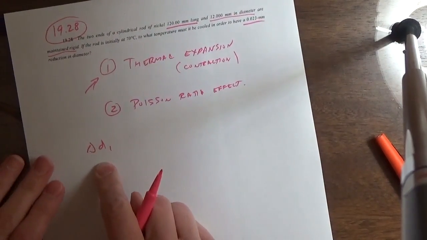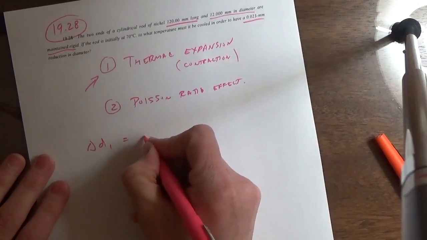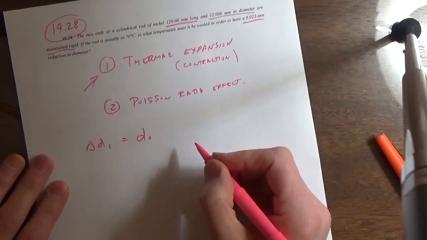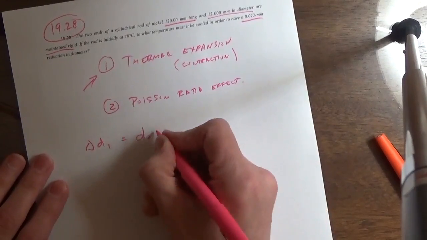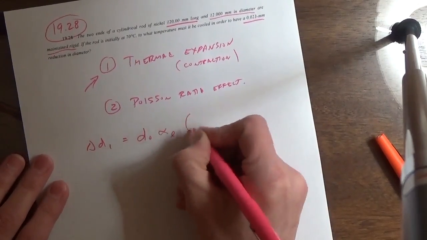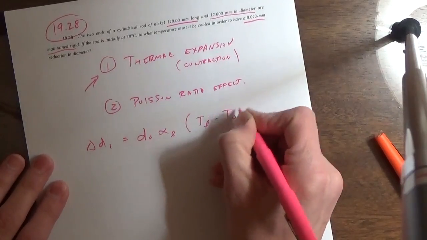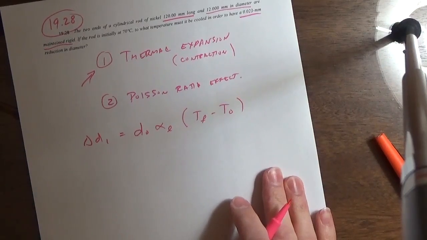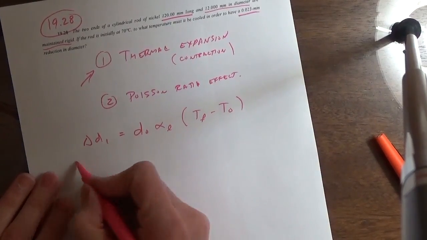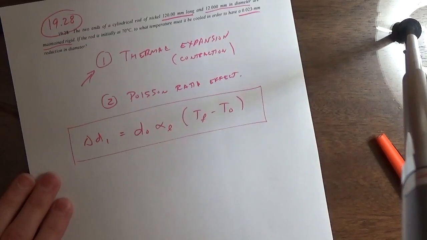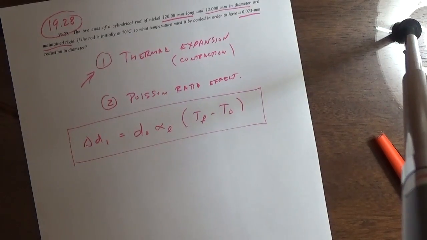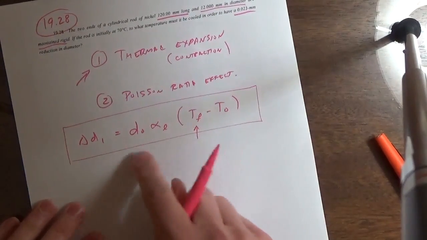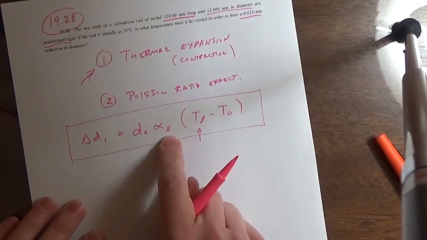Delta D1 is just the thermal expansion or contraction, so that can be expressed as D0 alpha L times Tf minus T0, right? So that's something we can find.